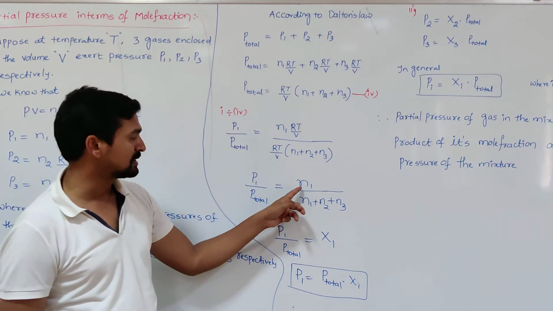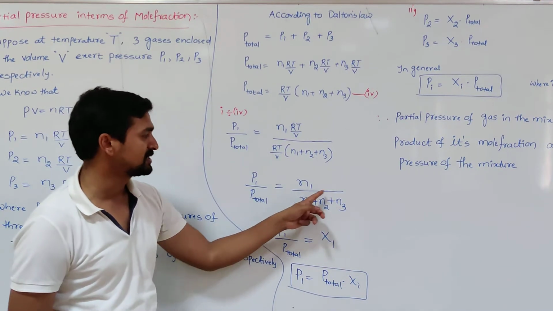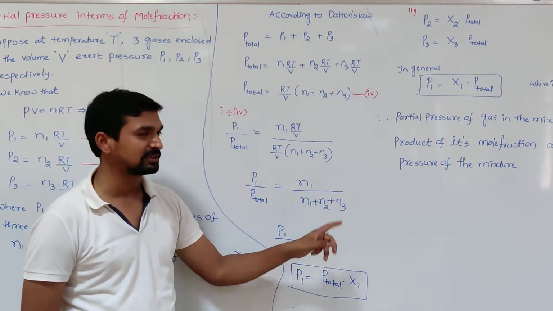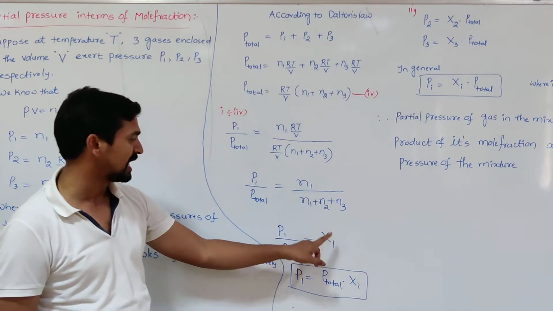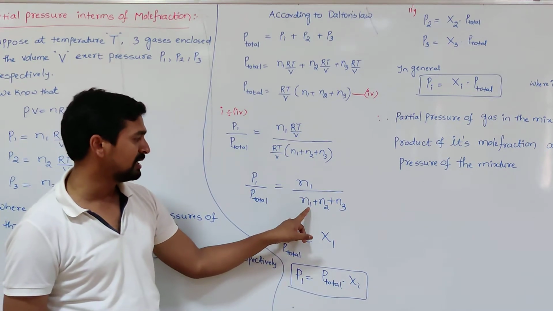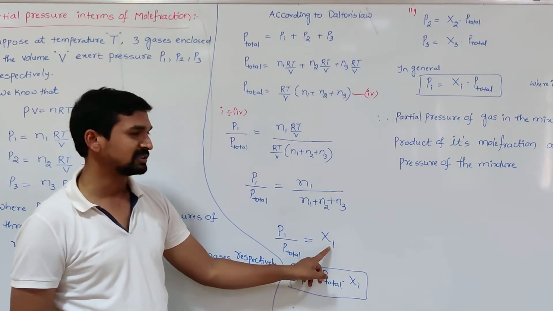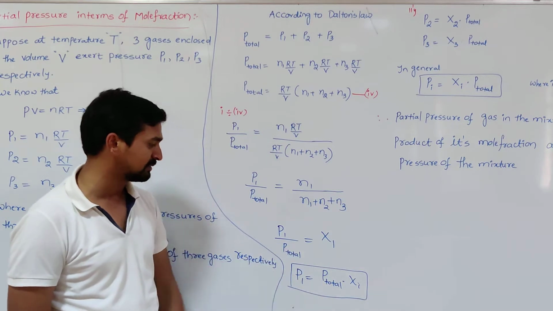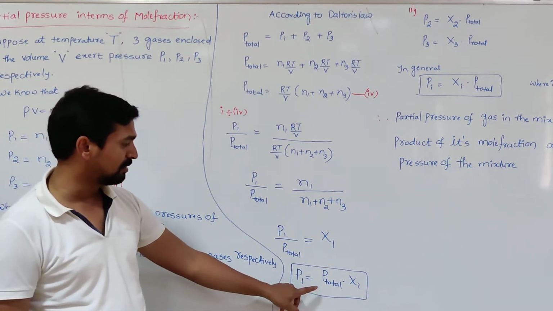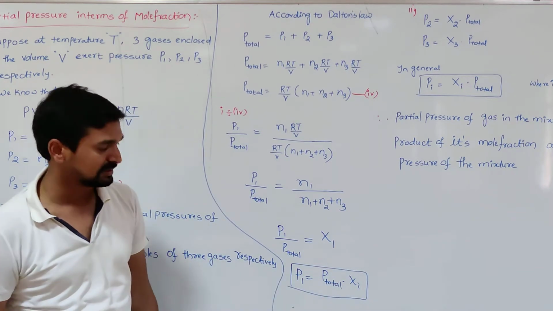The number of moles of the first gas as a fraction of the total number of moles is called the mole fraction of the first gas, that is X1. So P1/P total = X1. Then P1 = P total times the mole fraction of the first gas.